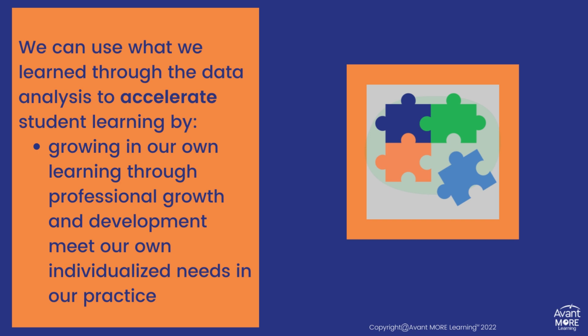Another thing that we can do is identify areas that we need to have growth in our own personal and professional learning so that we can better serve our students and further our own journey around this proficiency program or outcome.